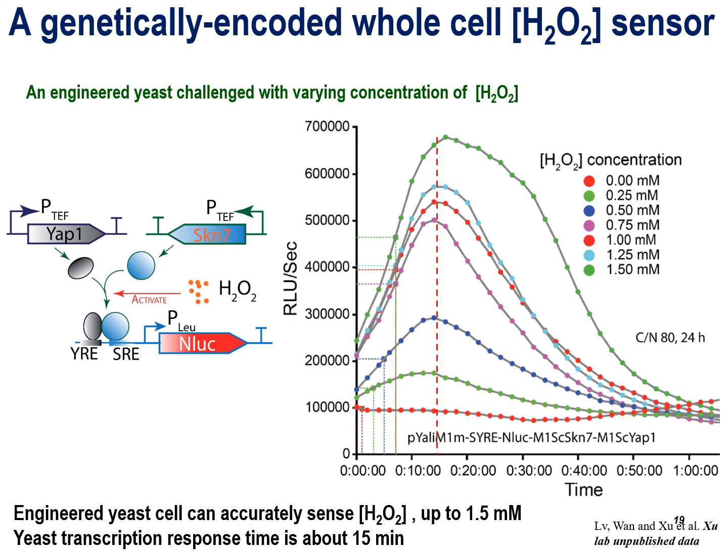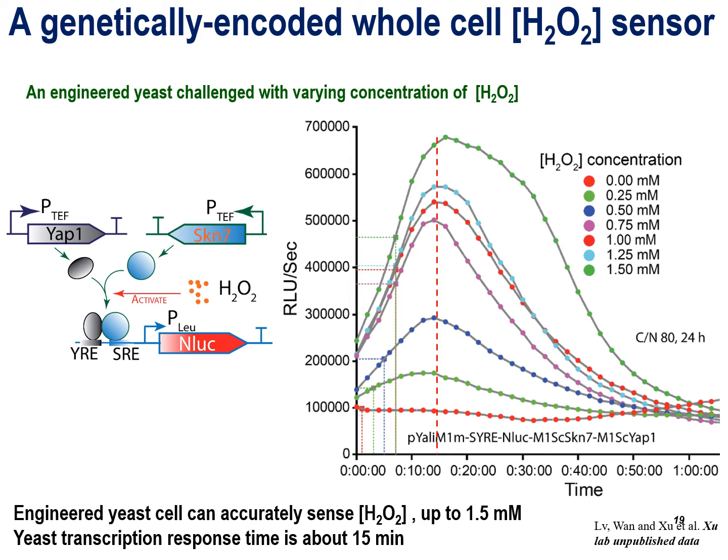Based on the information we mentioned above, here we developed a genetically encoded biosensor to detect varying concentrations of hydrogen peroxide. First, we place YAP1 and SKN7 under the control of a strong constitutive promoter. We challenge the cell with varying concentrations of hydrogen peroxide, from 0 millimolar as a negative control all the way up to 1.5 millimolar.